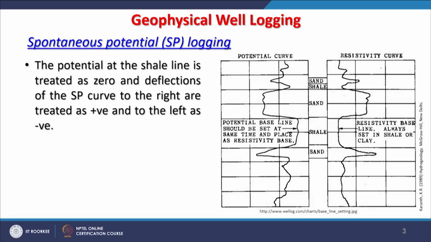So, if you encounter shale or clay, you get a vertical straight line in the curve, and we will see that example. The potential at the shale line is treated as 0, which becomes our reference, and deflections of the SP curve to the right are treated as positive and to the left as negative.